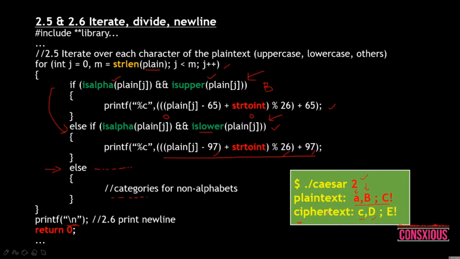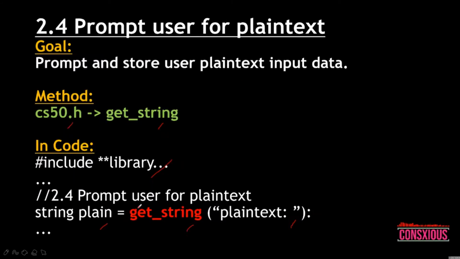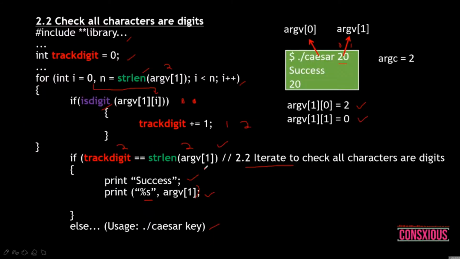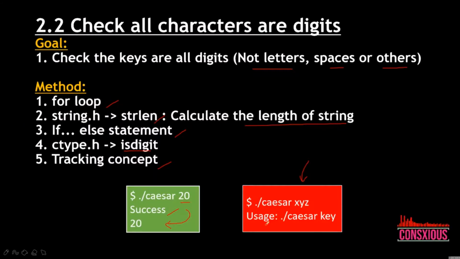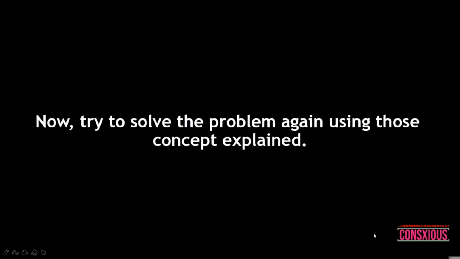Also don't forget, we have to return 0 if correct, return 1 if it is wrong. For example, the usage, this we have to return 0. This we have to return 1, which is wrong. This is true, 0. So take note of that.